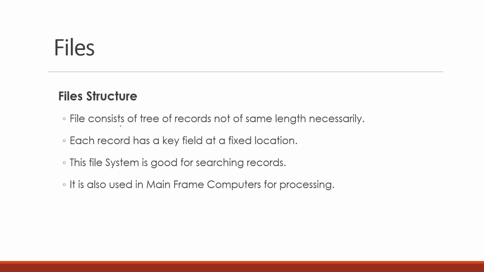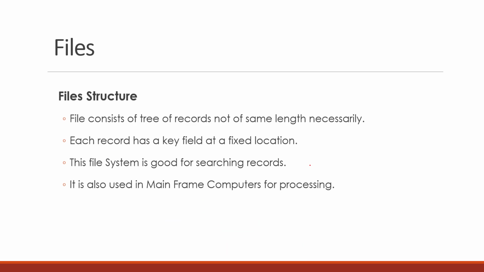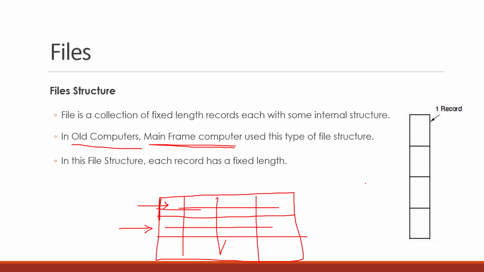So why did mainframe computers want it this way? Because it makes it easy for them to search records, and they actually consider those files to have records. For example, if this is a name, age, phone number and email address, your batch computers or mainframe computers consider it as a record and want it to be exactly like that.